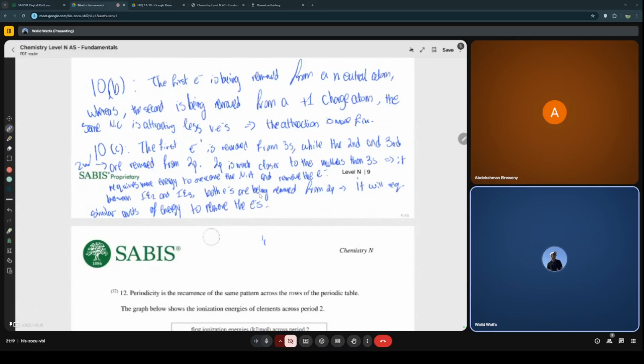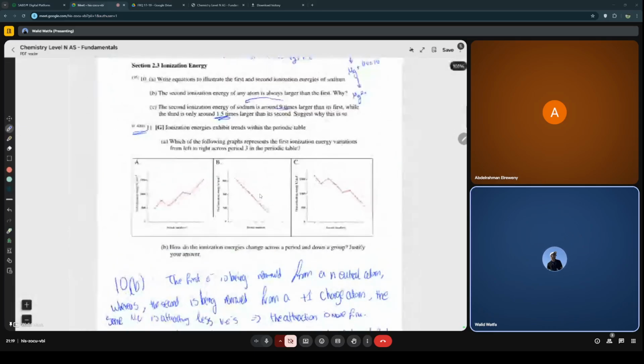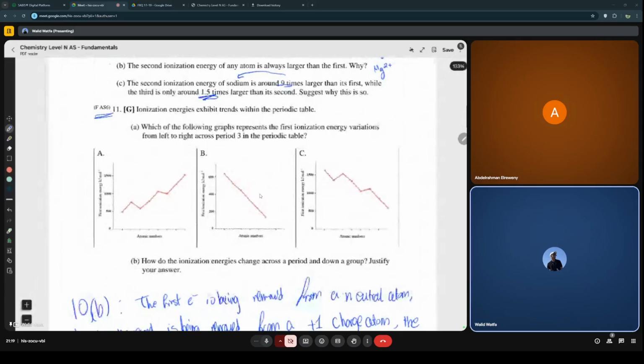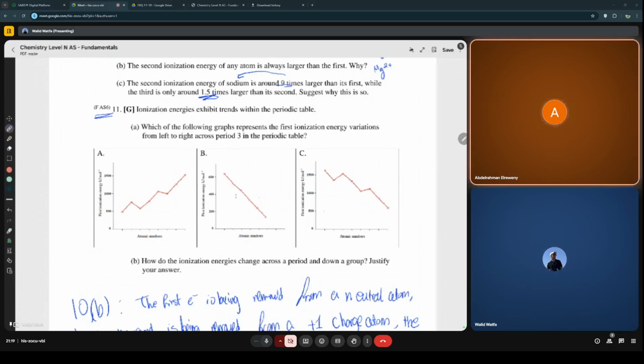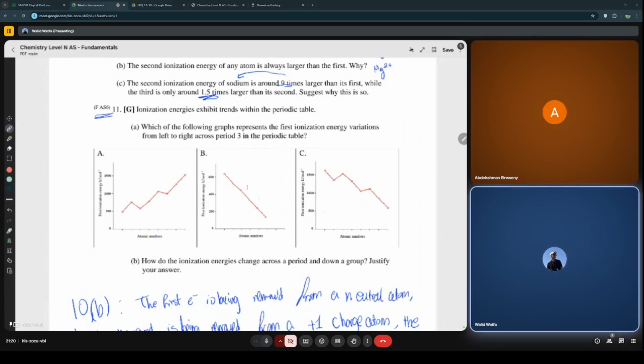Now we're going to do question 11. Which of the following graphs represents the first ionization energy variations from left to right across period 3 in the periodic table? In general, across a period, what happens to IE?